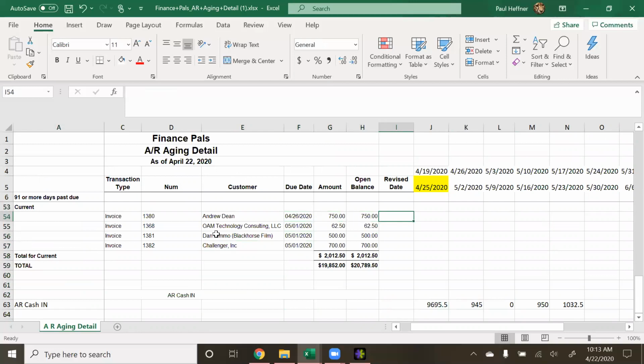Maybe they'll pay before the due date, and they won't end up in the late category. But one of the biggest drivers of your cash is getting AR. So for all these people, this is about the time of the month where we normally send out reminders like, hey, your invoice is overdue, and that's a good way to sort of drive cash.